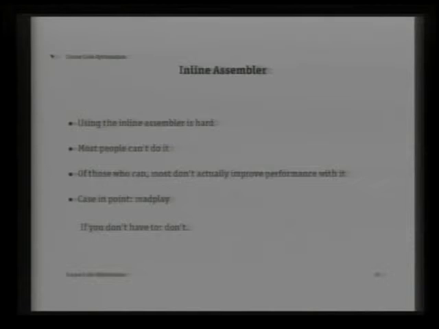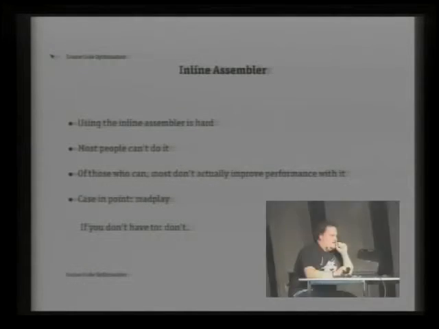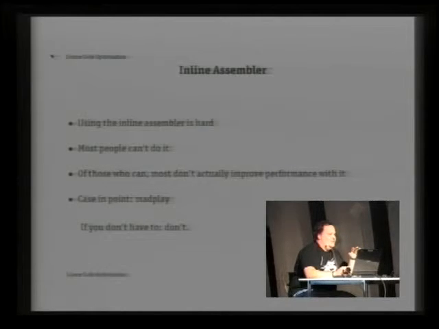So the inline assembler is another thing that people tend to like to use. And what's saving us from this most of the time is that it's really hard to use the inline assembler in GCC. If you looked at the manual, it's a pain, and most people never really get to it. If you do something wrong, then the compiler will use your inline code, but will assume that the register you used was not touched, and then put some value in there.